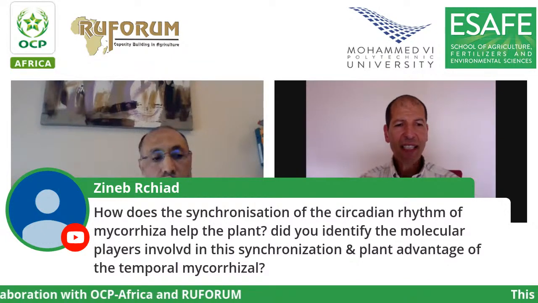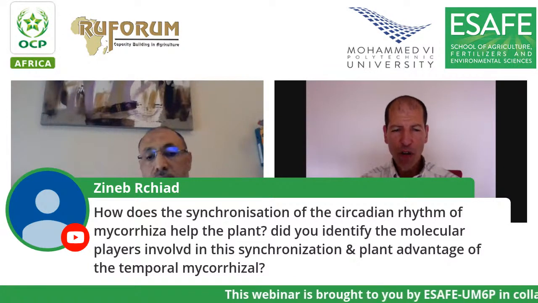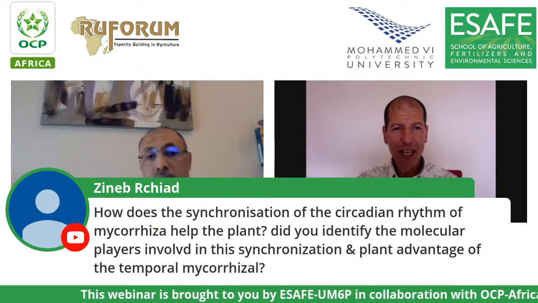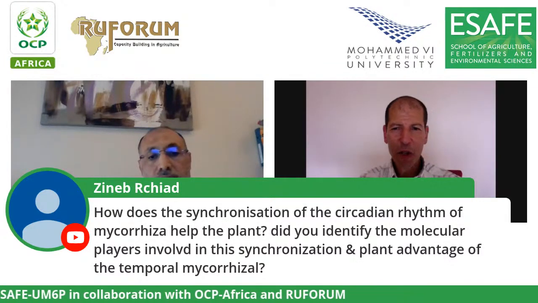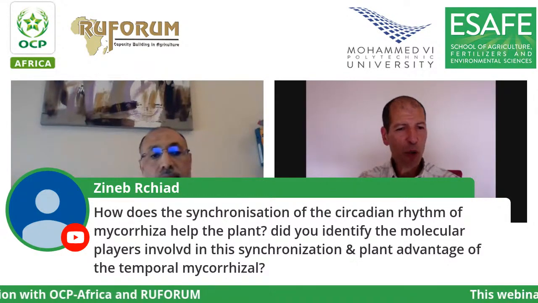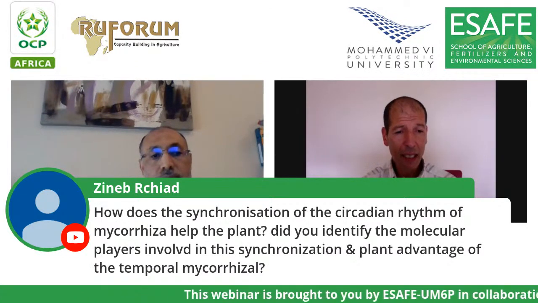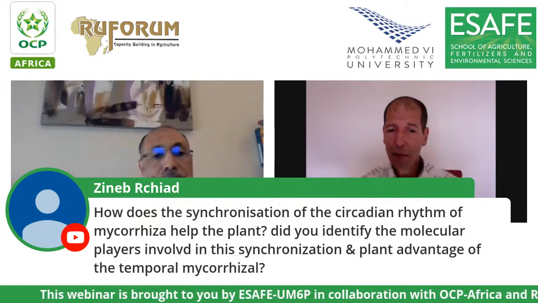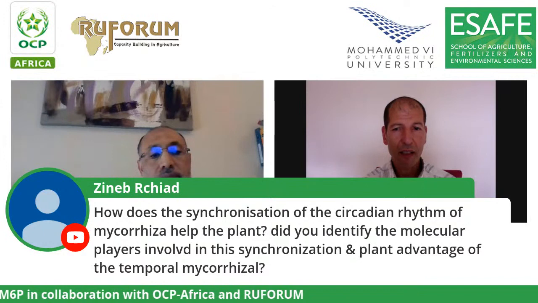And since mycorrhizal fungi rely on the carbon of plants, they have to synchronize their rhythm with that of plants. So I think it's a real determinant, but we don't have any evidence yet. Probably the synchronization can help the plants, but we don't have any evidence.